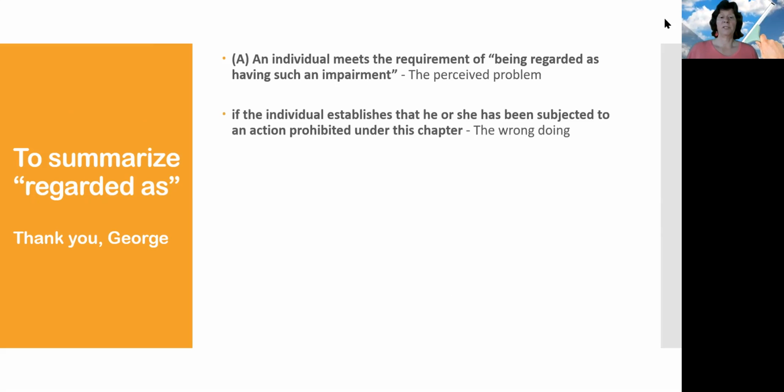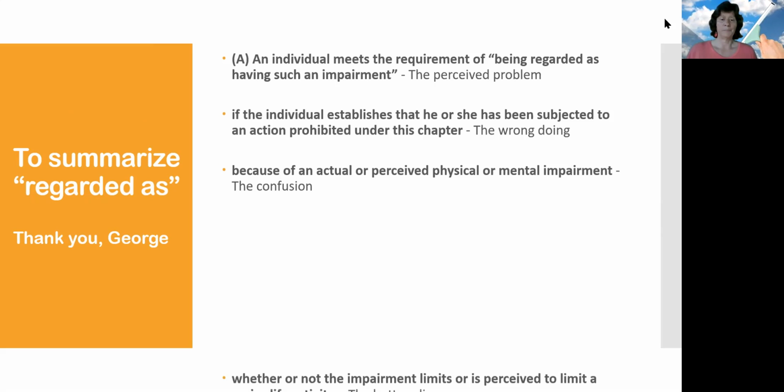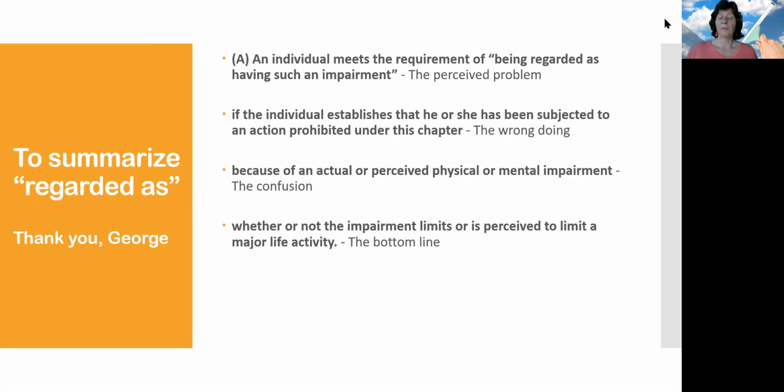If the individual establishes that he or she has been subjected to an action prohibited under this chapter, it's a wrongdoing. Because of an actual or perceived physical or mental impairment, it's a confusion. And then whether or not the impairment limits or is perceived to limit a major life activity, that's the bottom line.